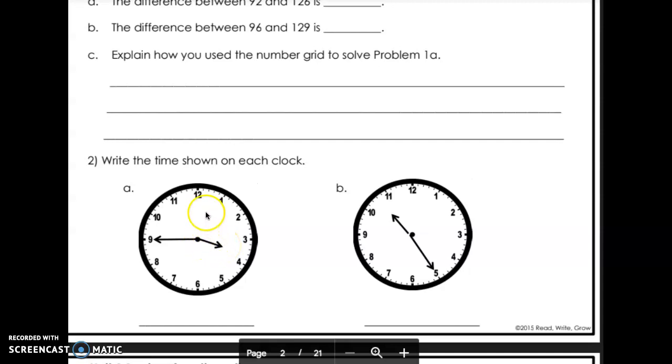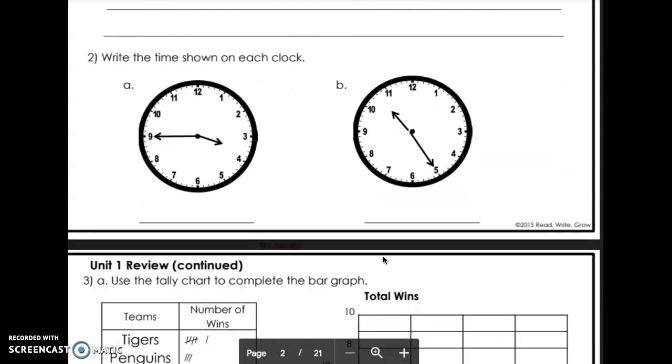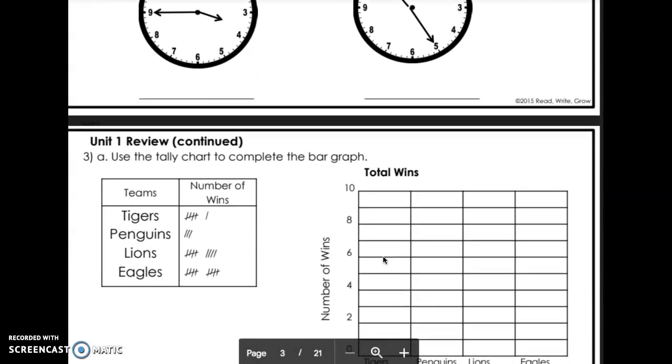And then you figure out the minutes and you start, 5, 10, 15, 20, and you keep going around until you get to the minute hand. So always look at the hour hand first and what number it just passed, that is the hour. Okay? Don't forget, those are just hints on how to do this.